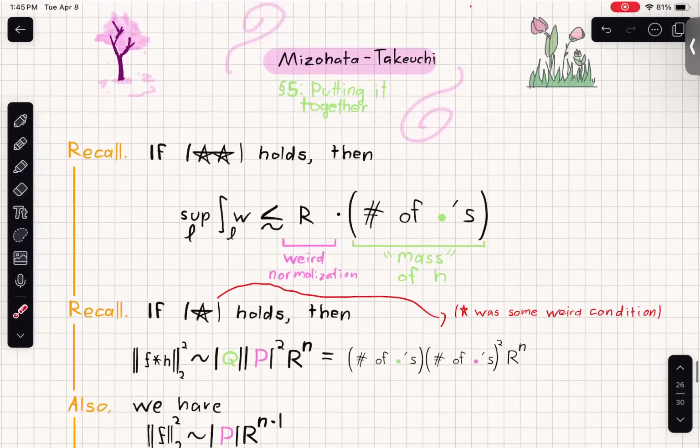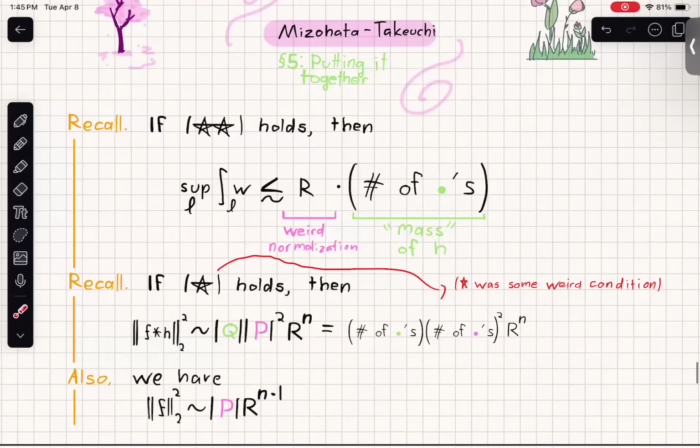Now, if I lost you anywhere in chapters 3 or 4 or anywhere before, remember that what we were doing is that we were trying to break our equation into these different pieces and then analyze each one separately. And now we've done that, and I want to summarize everything that we've concluded.